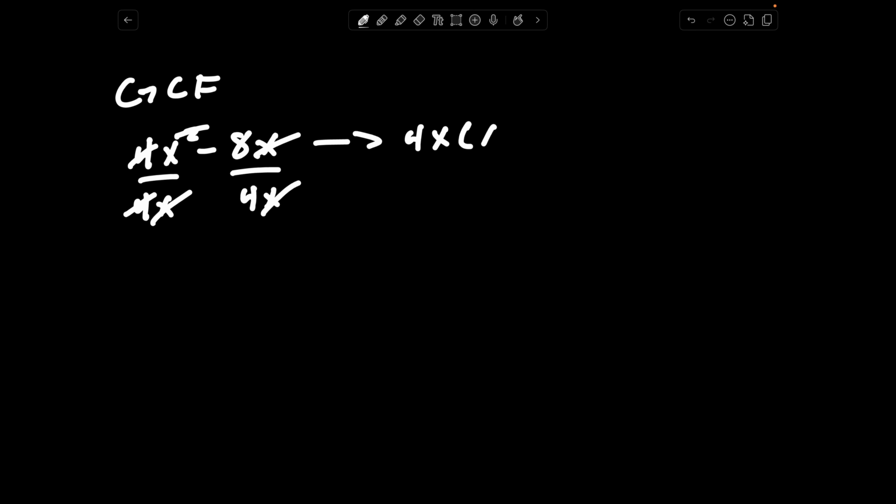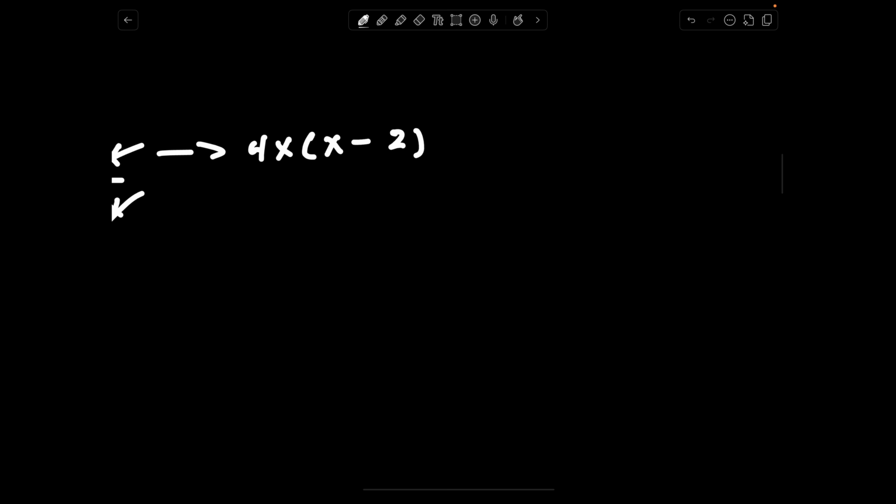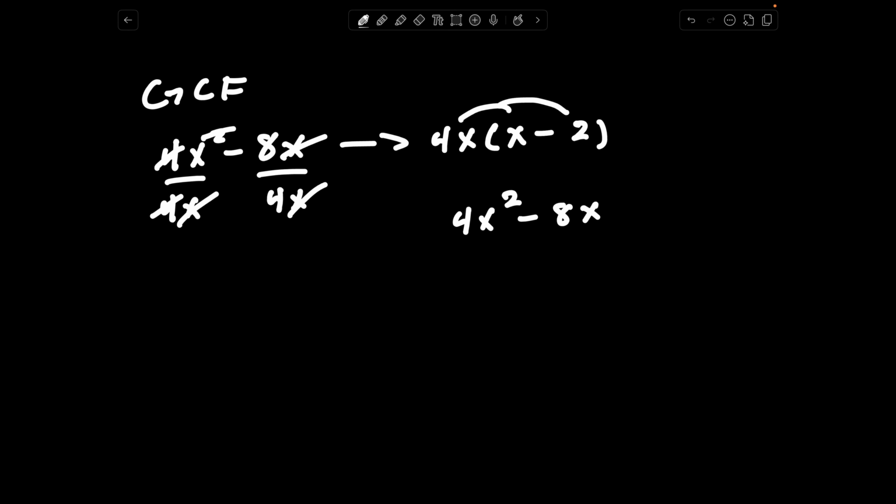So we're given x minus 2 because it's still negative. So that's it. And if I were to expand this out real quick, it'll be 4x squared minus 8x. That's simple. That's factoring. And this is important because sometimes students try to do way more work than they actually need to when the answer is literally just pulling out what the terms have in common.